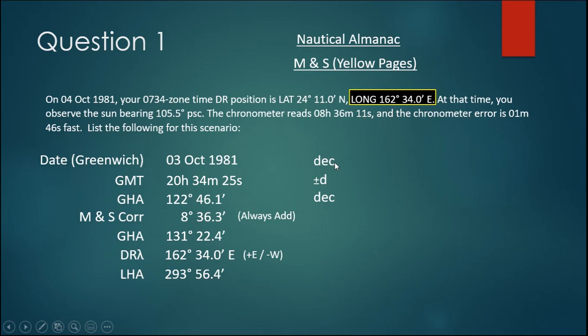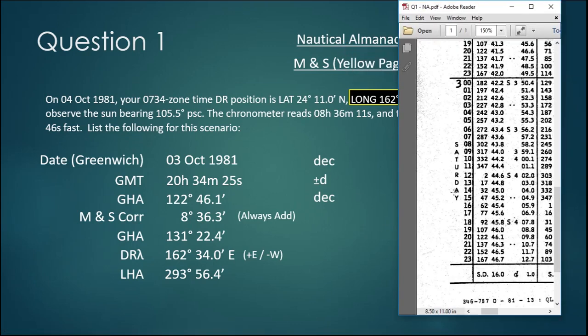All right, next we're going to look for the declination. That also comes from the daily pages of the Almanac, just like the Greenwich hour angle. And this is for October the 3rd at 2000 hours. If you look over here in this column, this is our declination column right here.